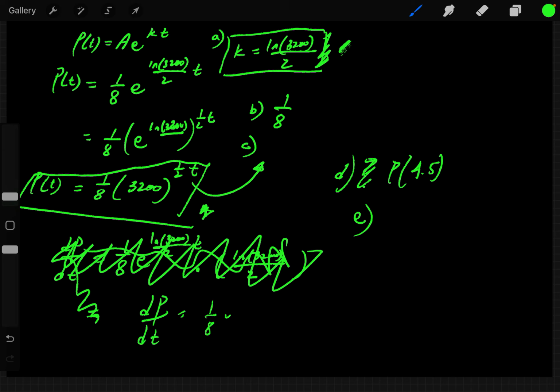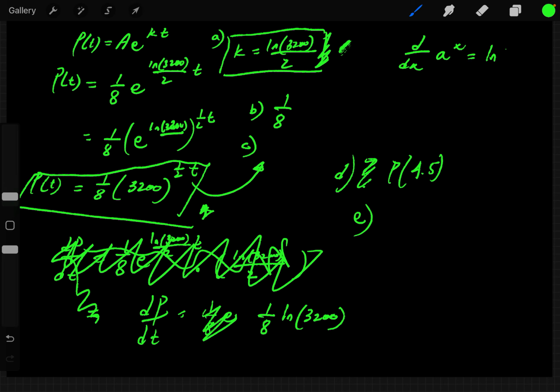You get this. You can differentiate this one, which is a to the t, but you're gonna have to use chain rule, so it's 1/2 ln of 3200 is a division though. I forget, what's the derivative d dx of a to the x? What is it equal to?